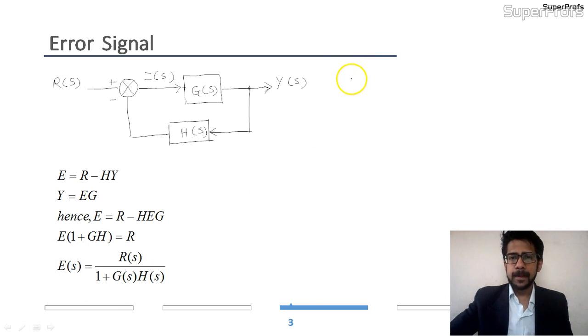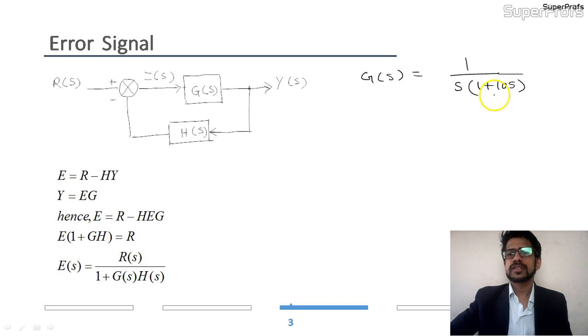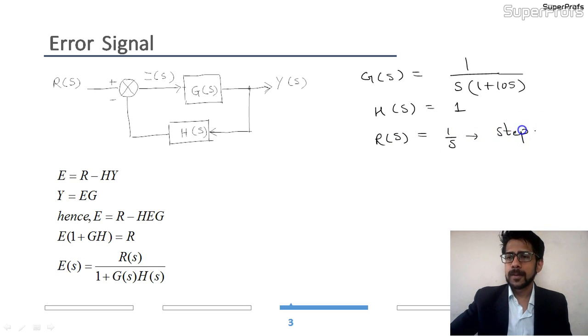Let us take g of s to be equal to 1 upon s into 1 plus 10s. So this is my g of s. Let h of s be equal to 1, and let us say r of s is equal to 1 by s. That is, we have a step input.